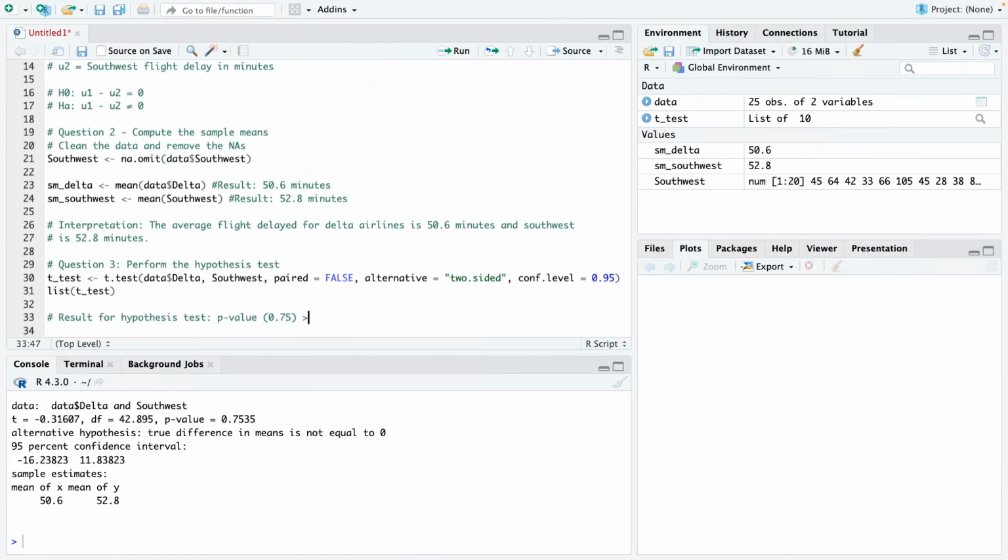The p-value 0.75 is greater than alpha, which is 0.05. And we can say we do not reject H0.